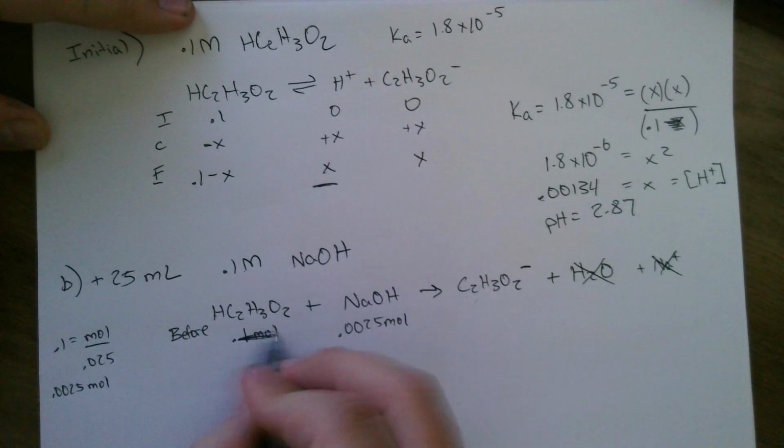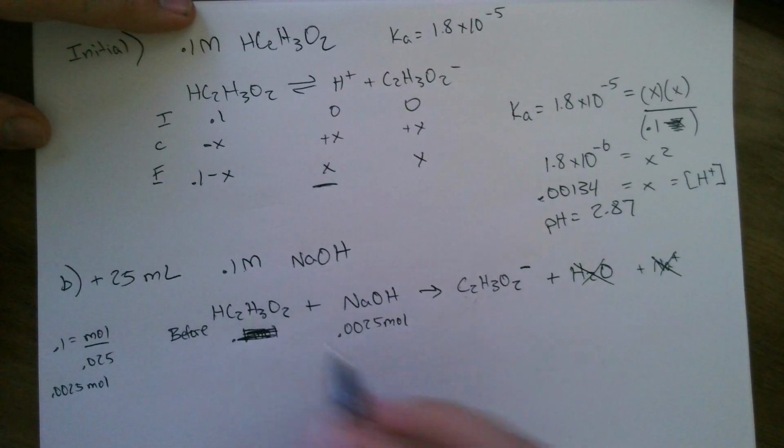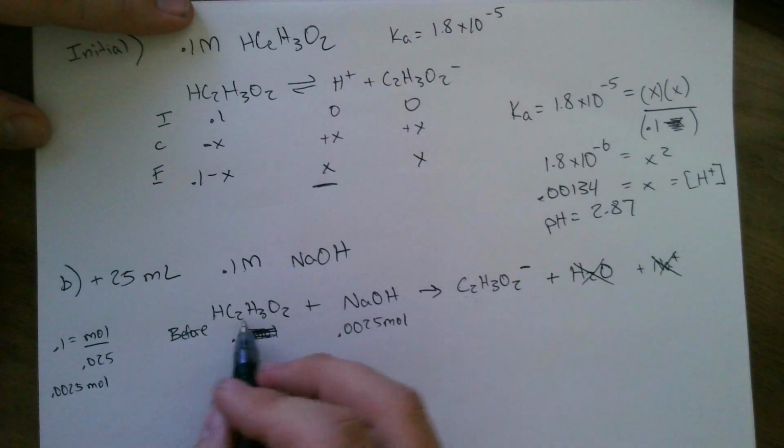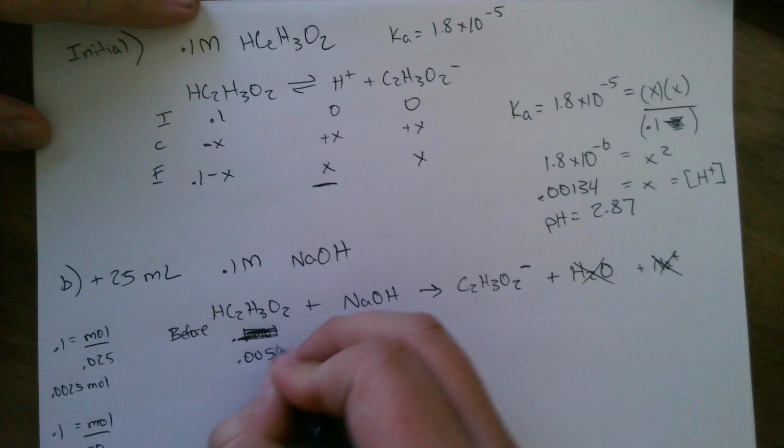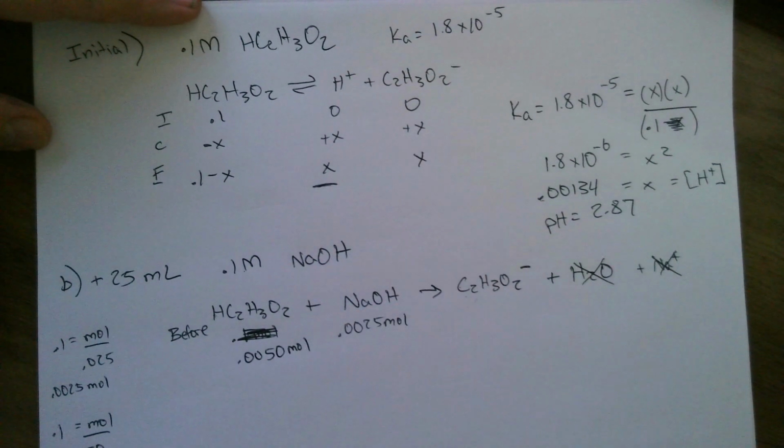I also need to calculate my moles of HC2H3O2. I have 0.1 molar, but I only have 50 milliliters of it, which means I have 0.0050 moles of acetic acid.